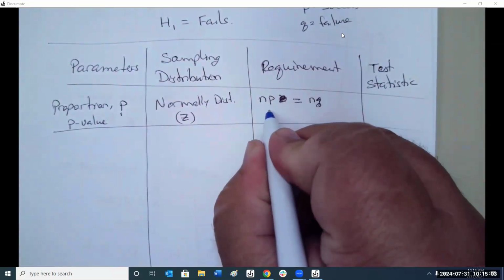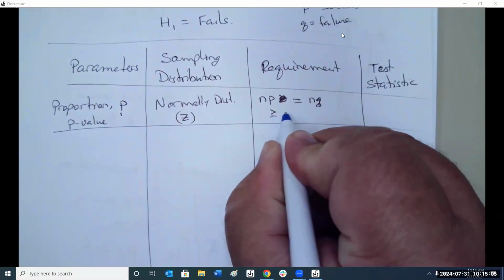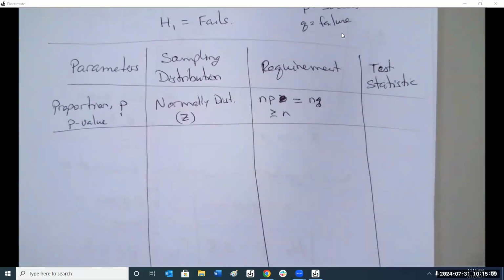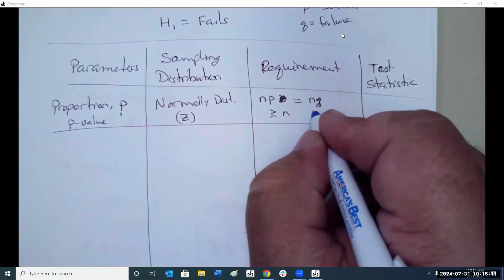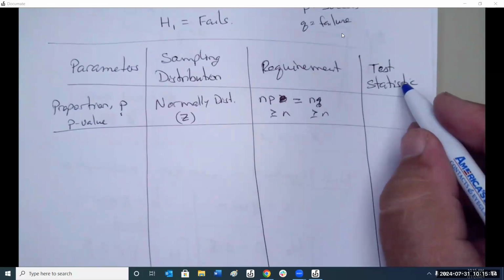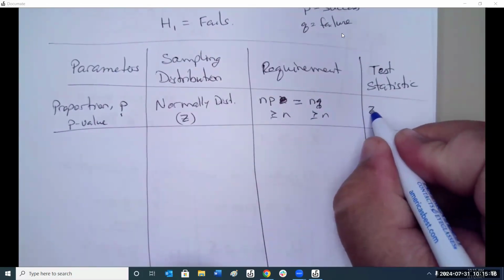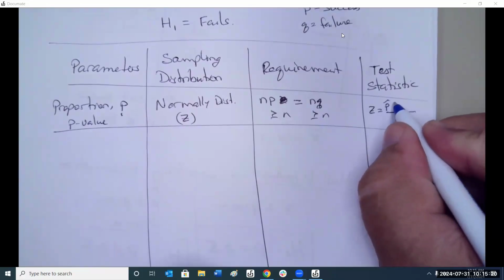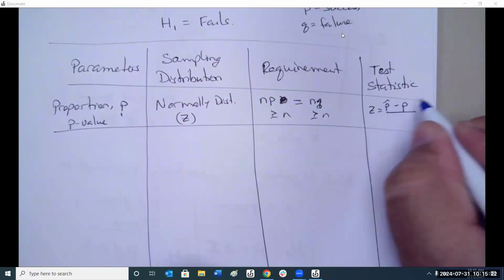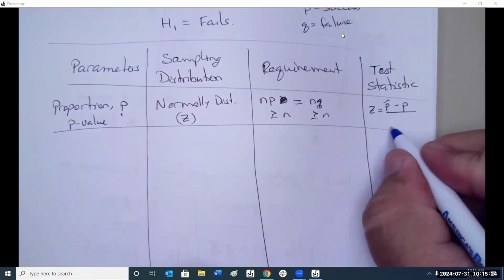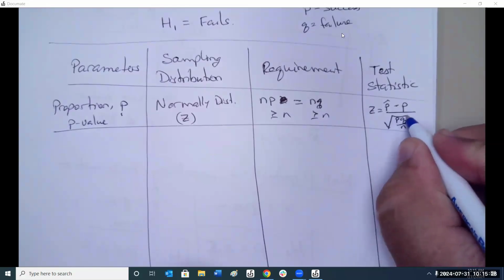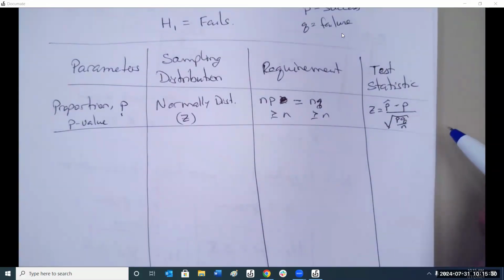It has to be at least bigger than some n. And our z-score formula is the proportion of the sample minus the proportion of the population over the square root of P times Q over n. That's what we did earlier last chapter.